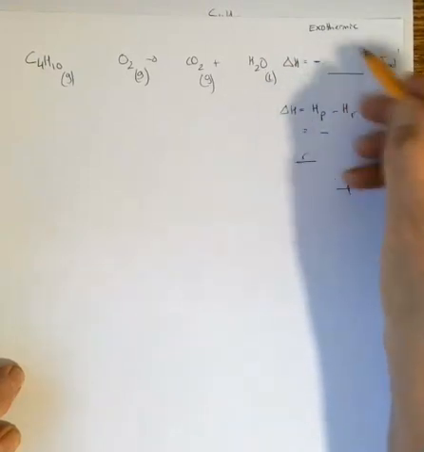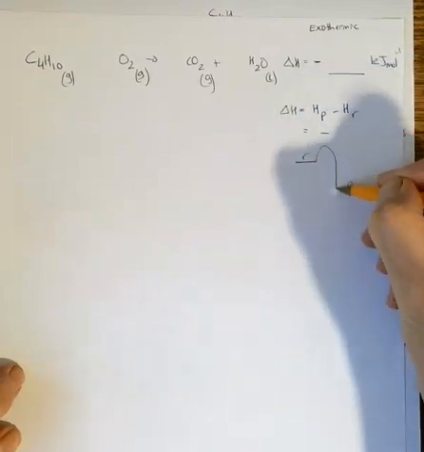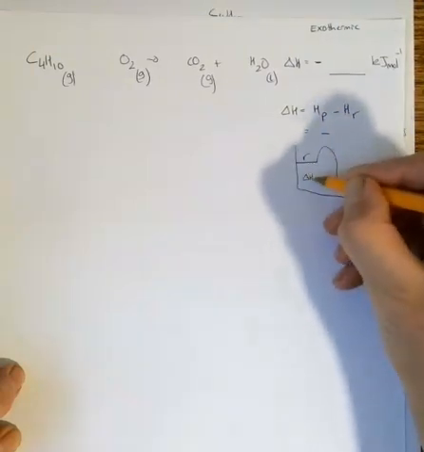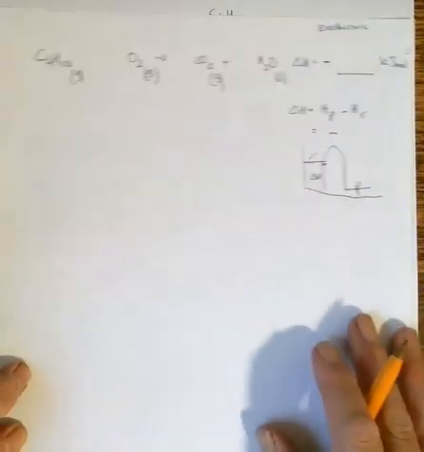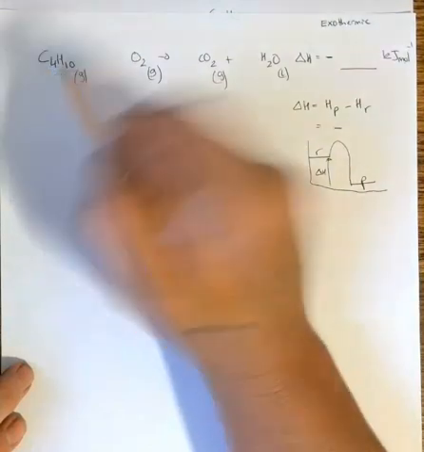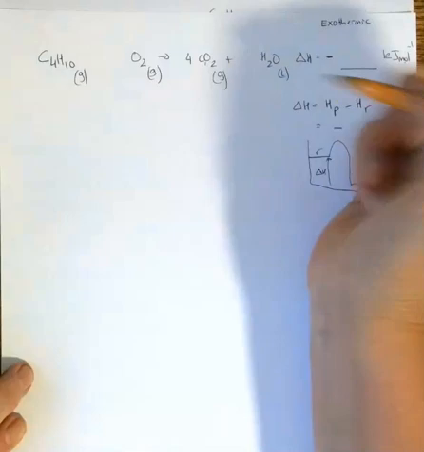So we're going to have energy released, and we're working out the change in H, the change in enthalpy. Right, so we need a balanced reaction. We've got 4 carbons here. Each carbon dioxide has 1 carbon, so we need 4 carbon dioxides.